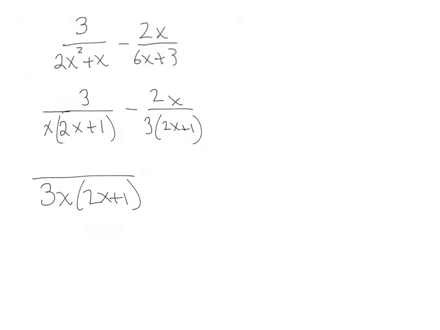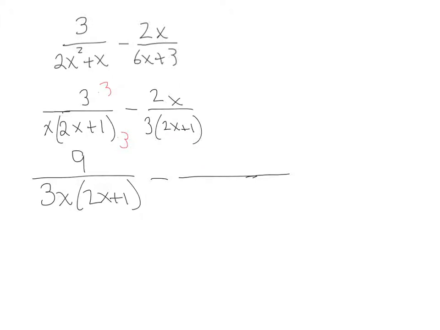And what we really need to do is figure out what we have to multiply each fraction by to get that common denominator. So clearly we're going to come along and say we need to multiply the denominator by 3 and the numerator by 3, which means that our new fraction is 9 over 3x times 2x plus 1. And we're going to look at the second one.